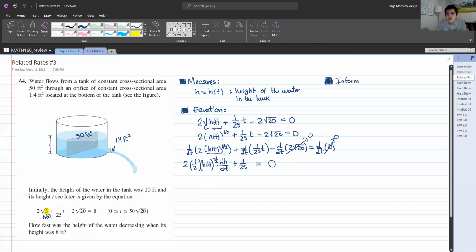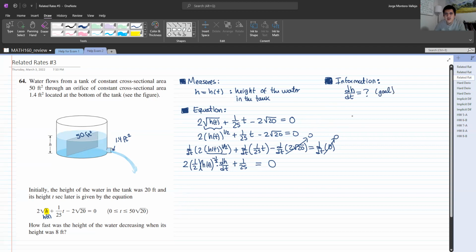This is where we write down what's given in the problem, and also what's our goal. So the question is about how fast the height of the water is decreasing. The height of the water is given by h of t. How fast? That's the derivative, right? So dh/dt is what we are going after.